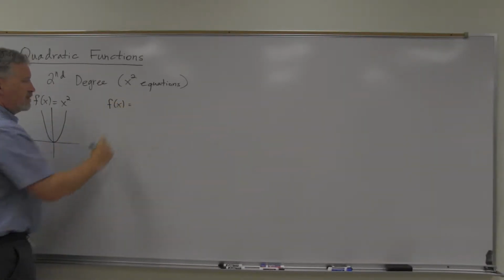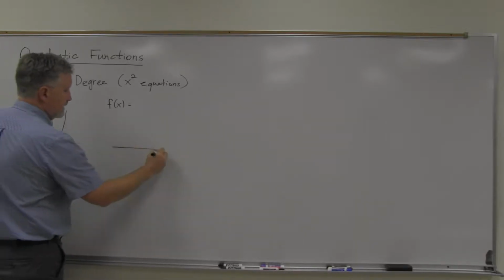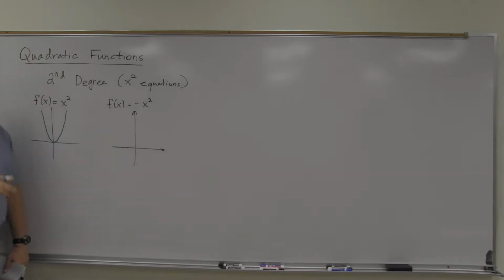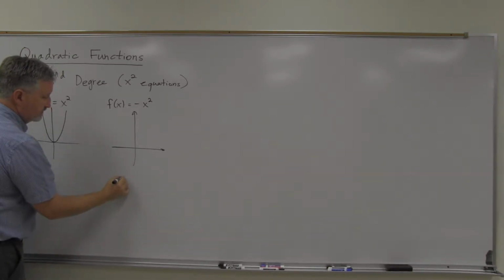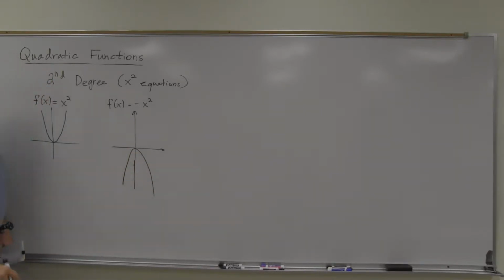Now, we'll consider two basic types of parabolas, because we've got this type, and then we've also got the minus x squared. The difference is that it's down, right? It's flipped over. We said it was reflected in the x-axis. But those are the two types of parabolas that we'll talk about here.